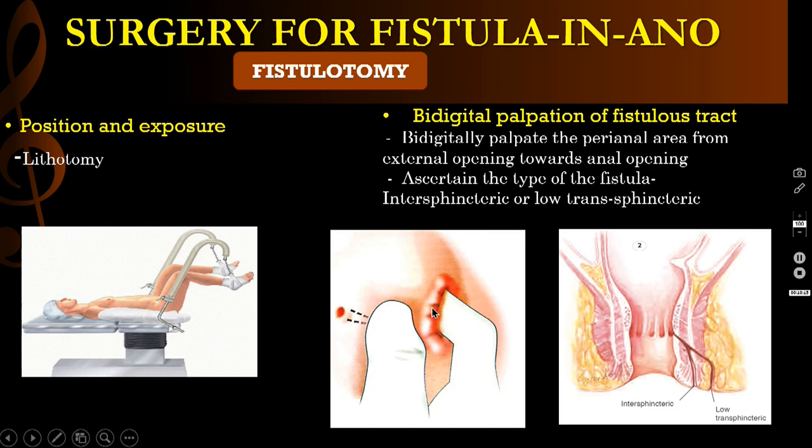So you put your index finger inside and thumb over the area from the external opening and try to palpate. You cannot see the tract, but you can feel it, and you can ascertain the type of the fistula: is it intersphincteric or low transsphincteric? If it is low transsphincteric or subsphincteric, then you can do what is called the fistulotomy.